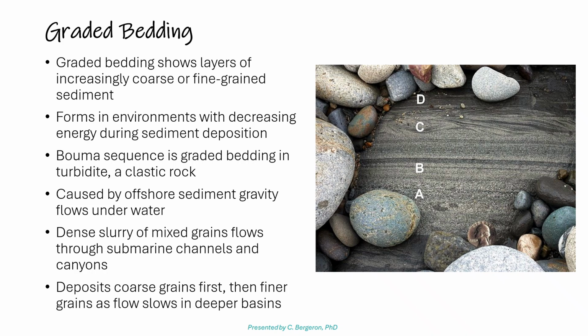So you get these underwater flows of sediment, and as you can imagine, it's a turbulent flow. Like a landslide or a mudslide, you have stuff all mixed up. That's what's happening here underwater offshore, right? You get this turbulent flow and these subsea, high-density flows.